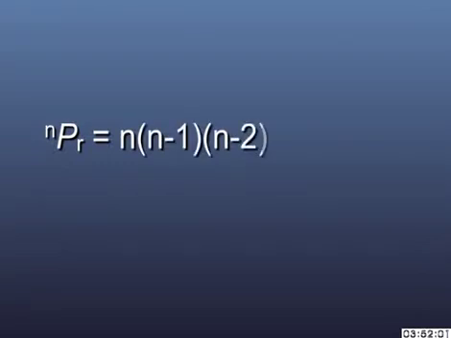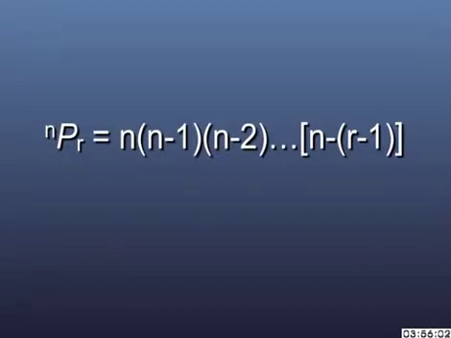Hence, we conclude from the above that the total number of permutations of n distinct things taken r at a time is nPr, which is equal to n into n-1 into n-2 and so on into n minus r plus 1 ways.